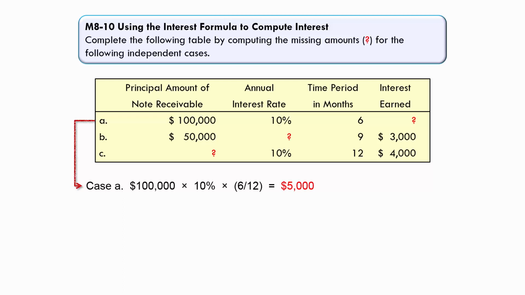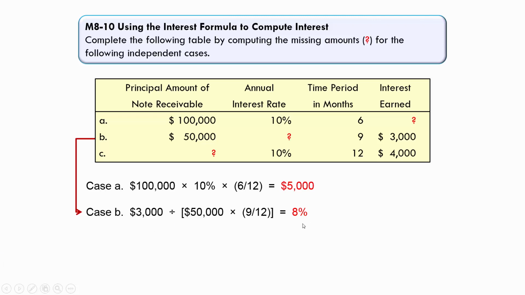And if you do it, you'll end up doing something like this: 3,000 on the right-hand side of the equation, divide that by the numbers on the left-hand side of the equation, which is 50,000 times 9/12, and you end up with 8%. And remember also that 8% is what numerically? 0.08. Okay, so you have to recall that.